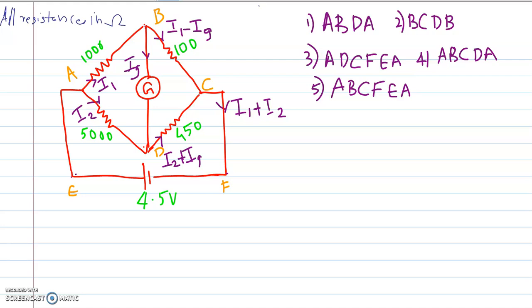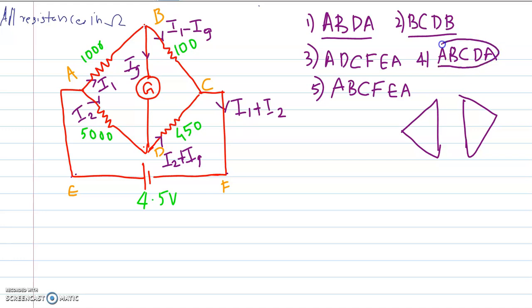In that, actually we need only three equations. Why? Because we have only three unknowns: I1, I2 and IG. So just imagine ABDA and BCDB. This is one thing which you need to understand. Now have a look at ABCDA.